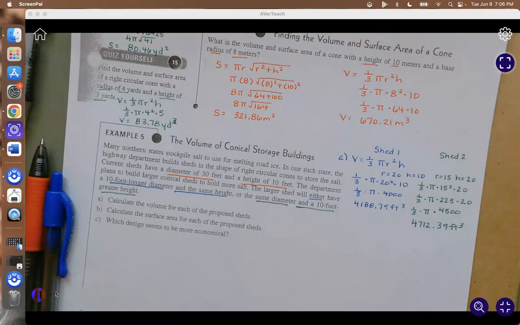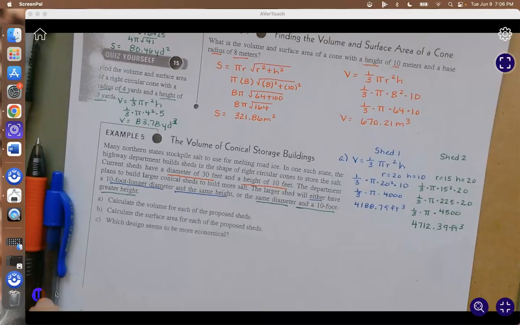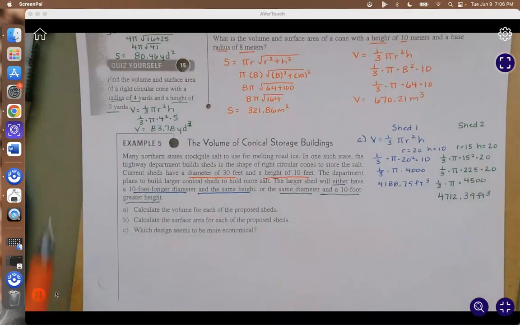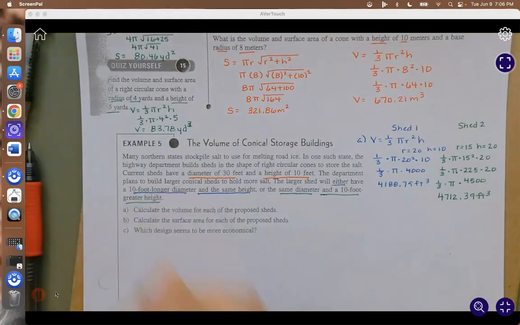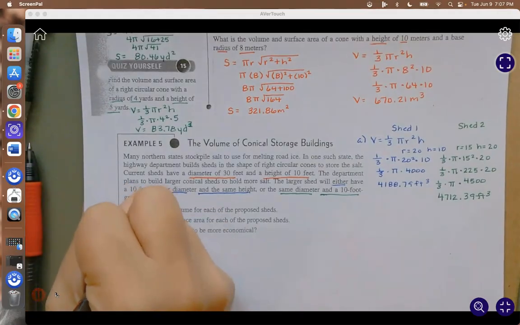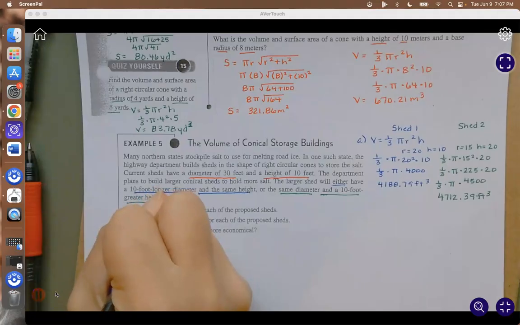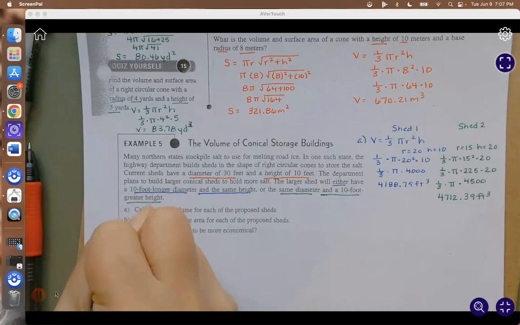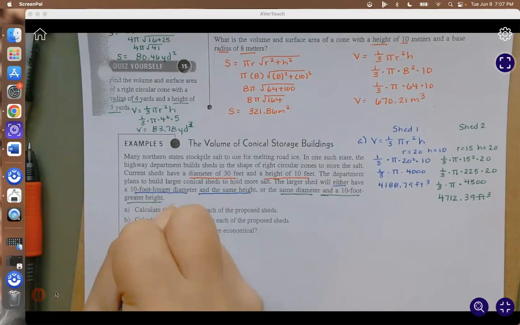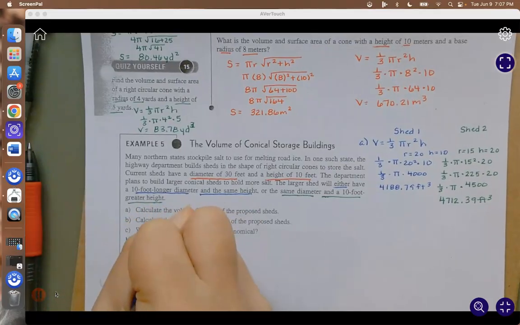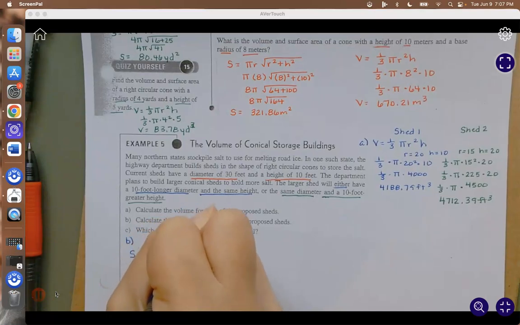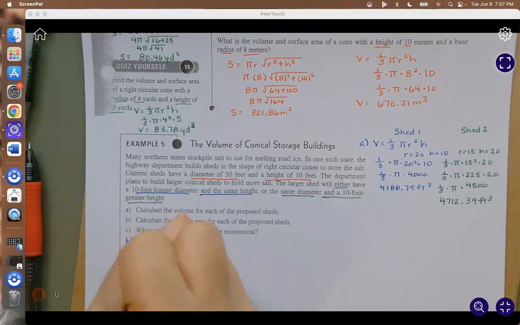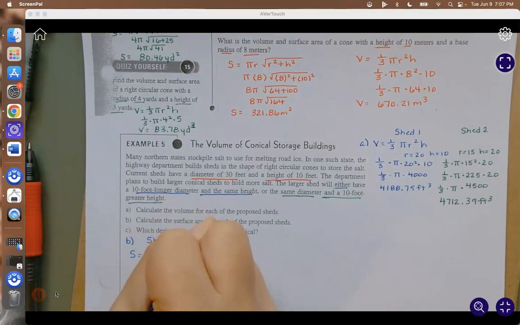Calculate the surface area for each of the proposed sheds. So let's come down here. Let's do part B. Shed 1. Remember, surface area is pi r times the square root of r squared plus h squared. Shed 1, r is 20, h is 10.